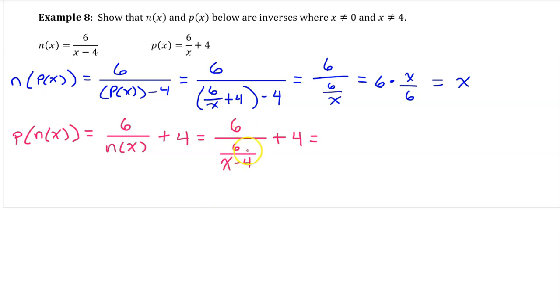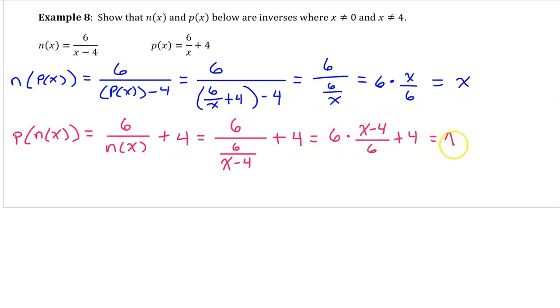Now we have this. When you divide by a fraction, you multiply by the reciprocal. So this part of the expression will become 6 times x minus 4 over 6. And then we have the plus 4 on the end. These 6's will cancel each other out.